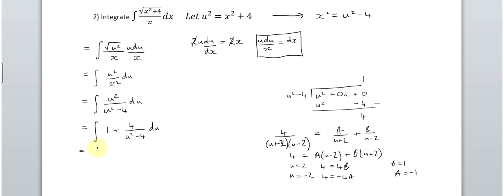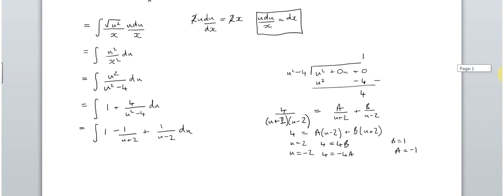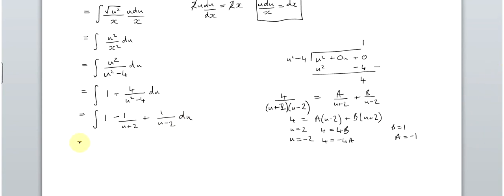So over here, back at the ranch, we've got 1, and then A is minus 1, so it's minus 1 over u plus 2, plus 1 over u minus 2 with respect to u. Okay, a bit more room there, and now we can actually integrate.